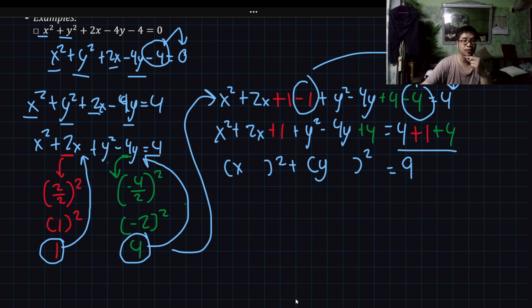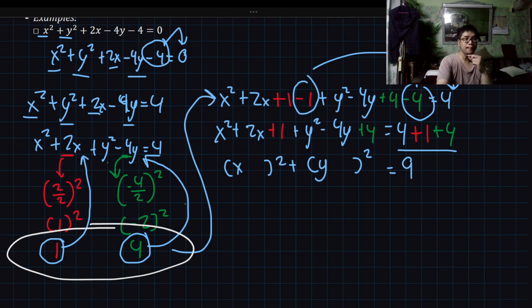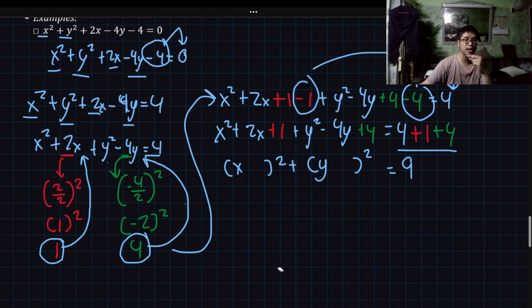Now let's go back here. Remember that for us to get the perfect square trinomial, we did completing the square. Remember the x squared plus 2x? So what did we do? We divide the coefficient of x by 2. 2 divided by 2 is 1. So what's the result inside of that parenthesis?